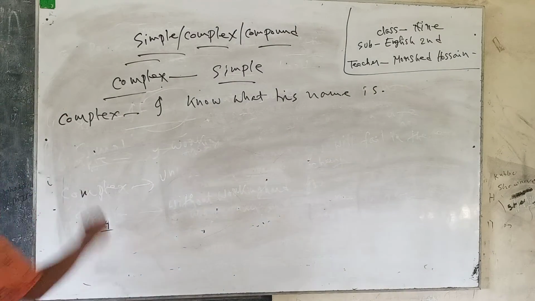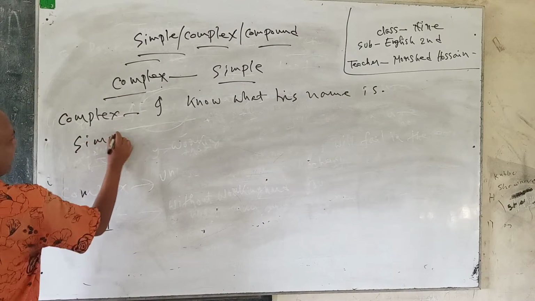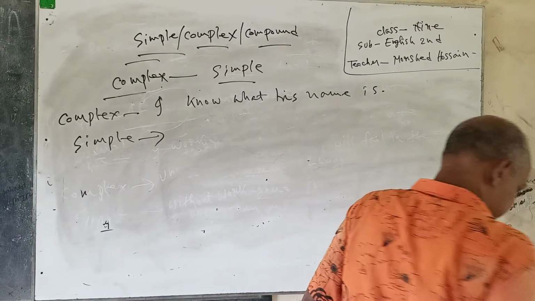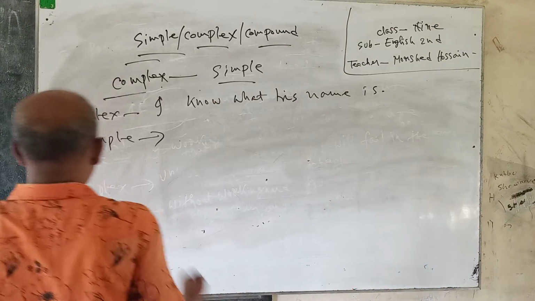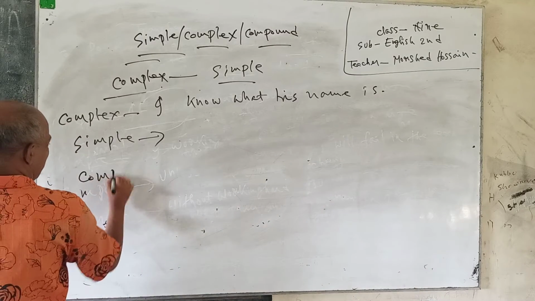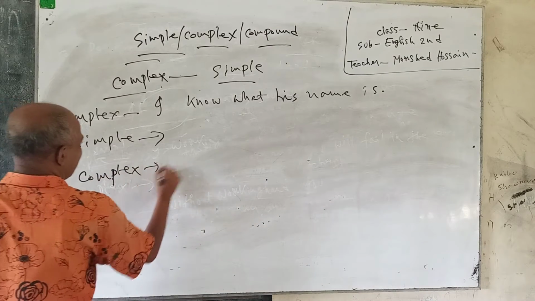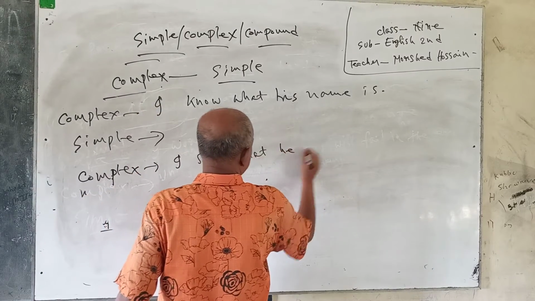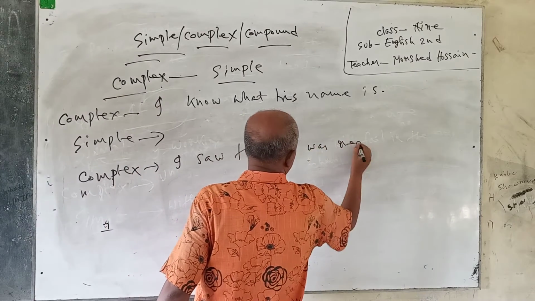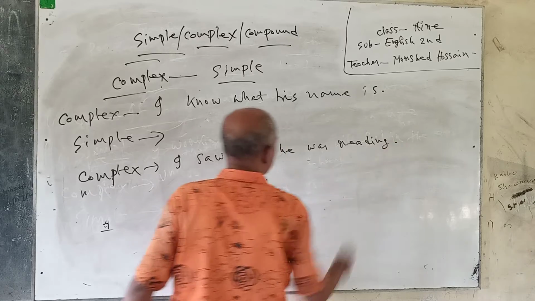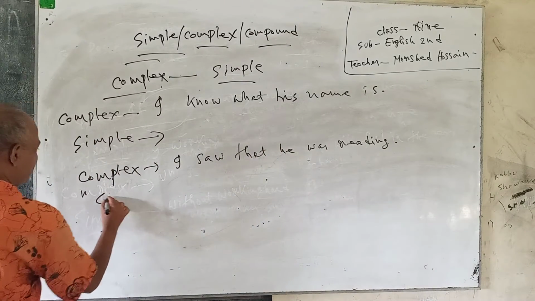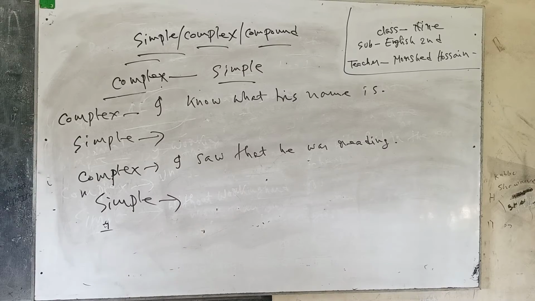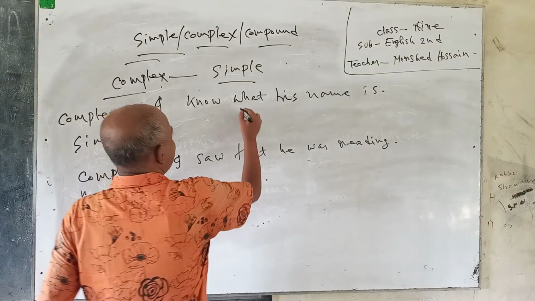So if I make it simple, another thing, complex: I saw that he was reading. So we will make it simple. Complex to simple, no? So I know what his name is.